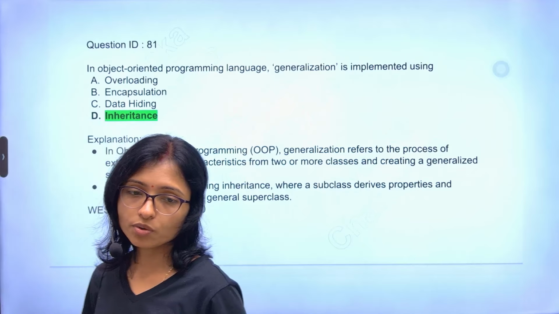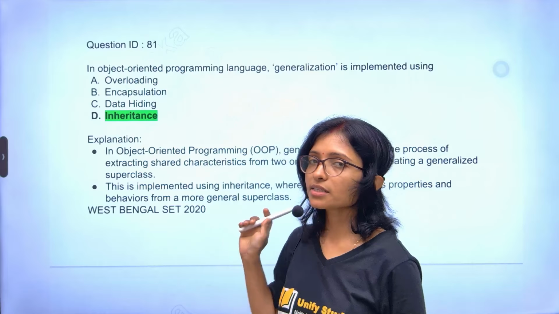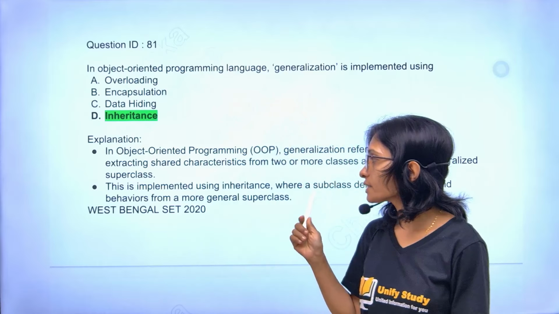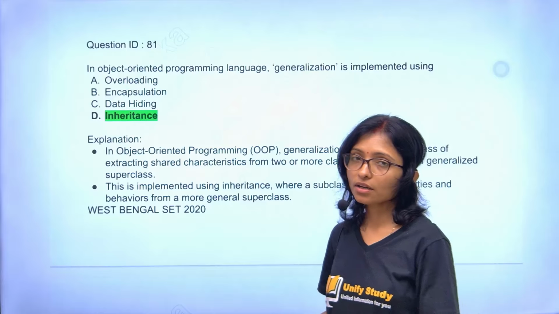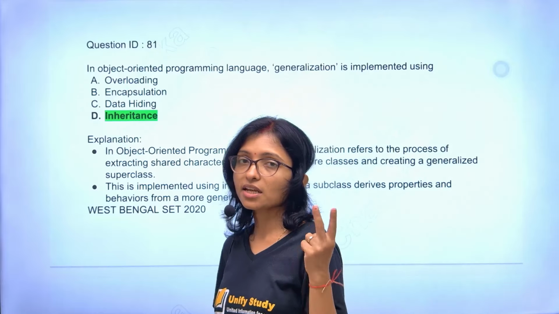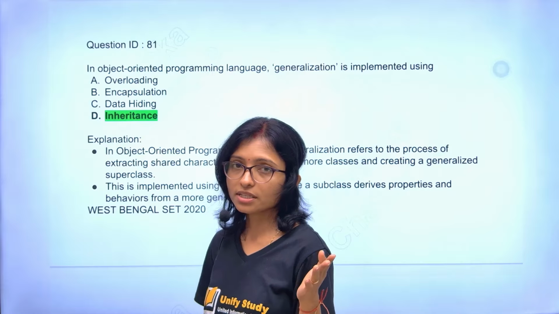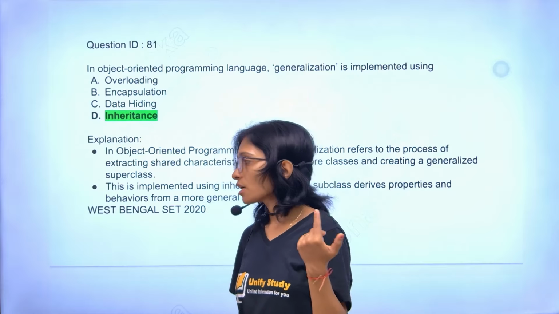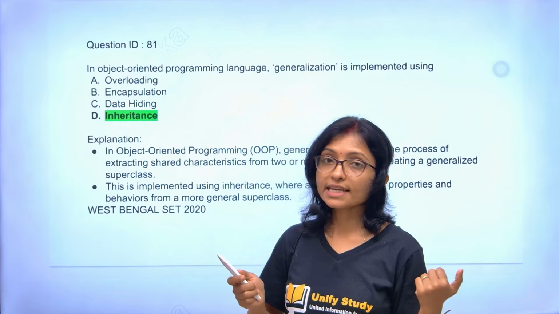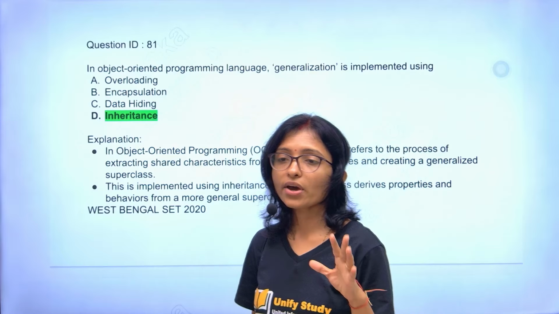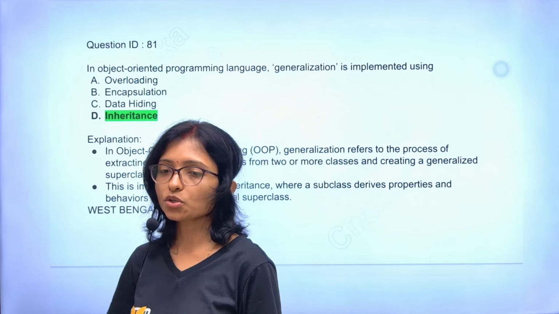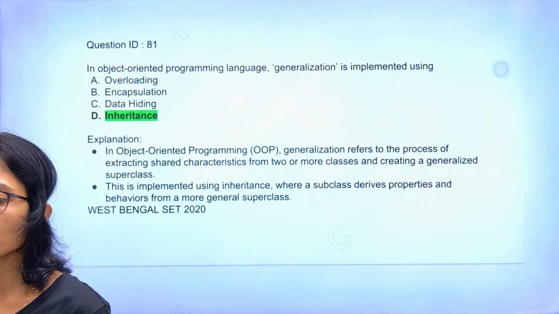Object-oriented programming, so many questions we practiced till now. These are all recent set papers. I took questions from JKSET, HSST, West Bengal SET, HP SET and TS SET, Telangana SET. From where they are making questions on object-oriented, whatever questions we did.